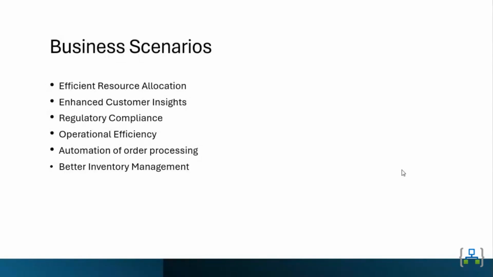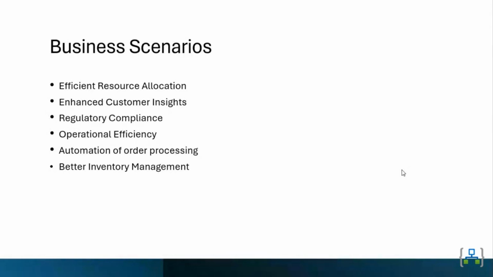As I mentioned before, we have better customer insights: how our customers are interacting, what's going fine, what's not, what needs to be changed, and what better practices we need to adopt.